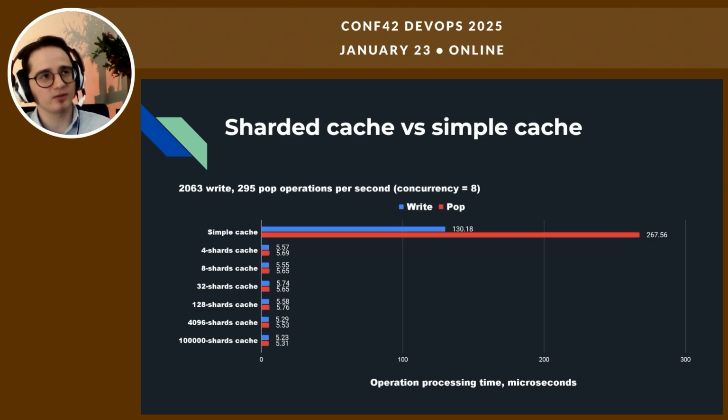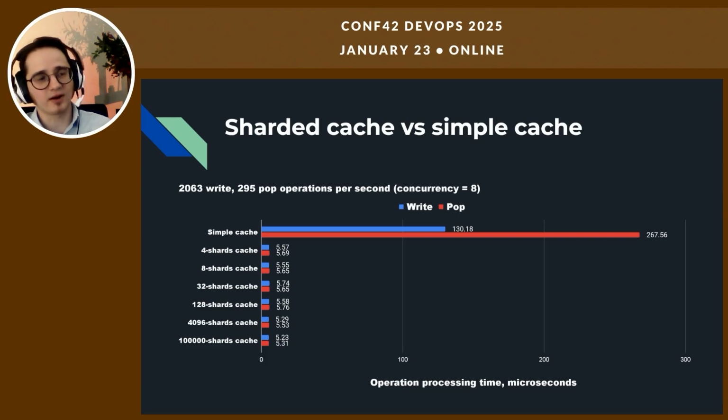And in this regard, we can see that the sharding approach basically eliminates all the waiting for the lock. But regarding different shard sizes, we see that my tests don't show a significant difference. I suspect that the minimal effective value is tied to system concurrency.